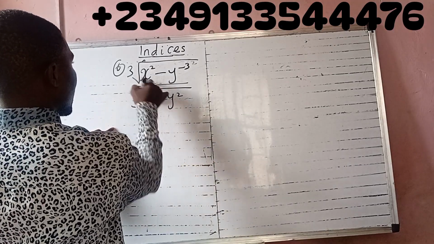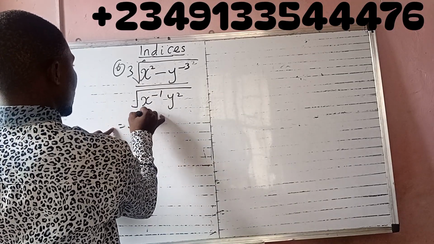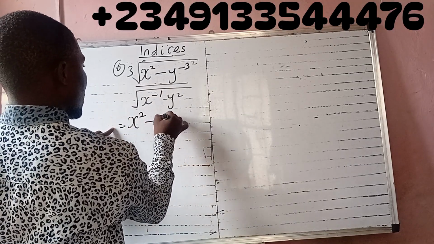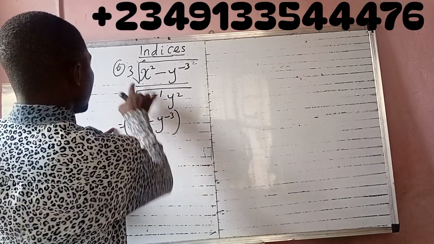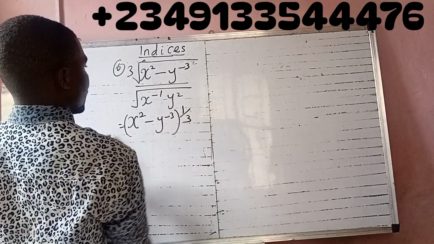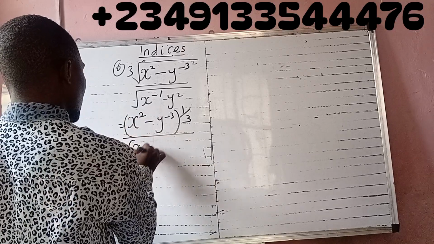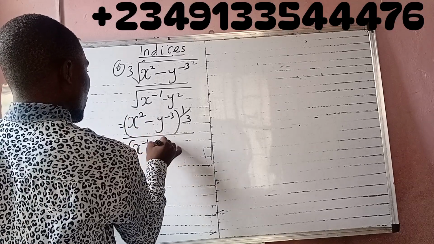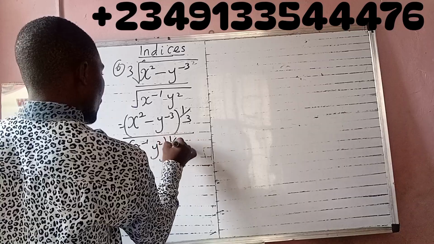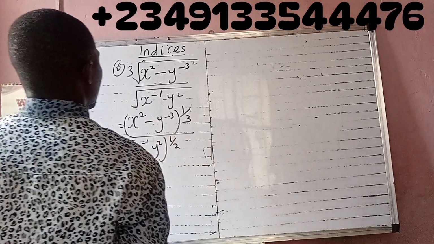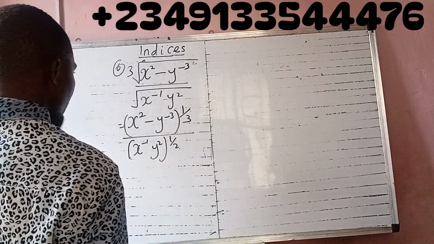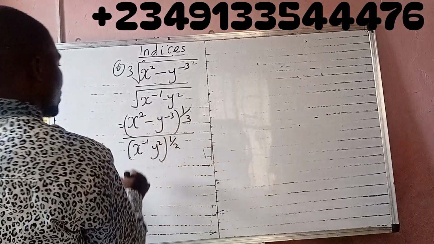So we have here now, x to the power 2 minus y to the power minus 3, everything in bracket. So this 3 will now give us 1 over 3, look more easier now. So here let's change this one to x to the power minus 1, y to the power 2, everything is 1 over 2, because this is square root. Now here now, just assign the power to each variable.